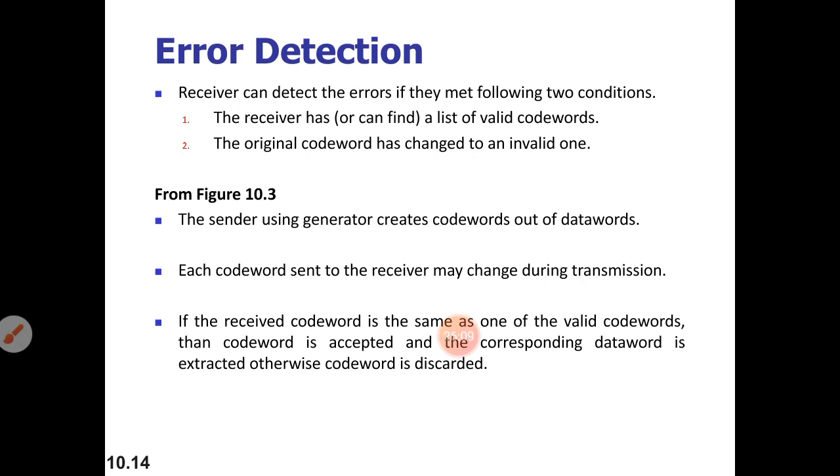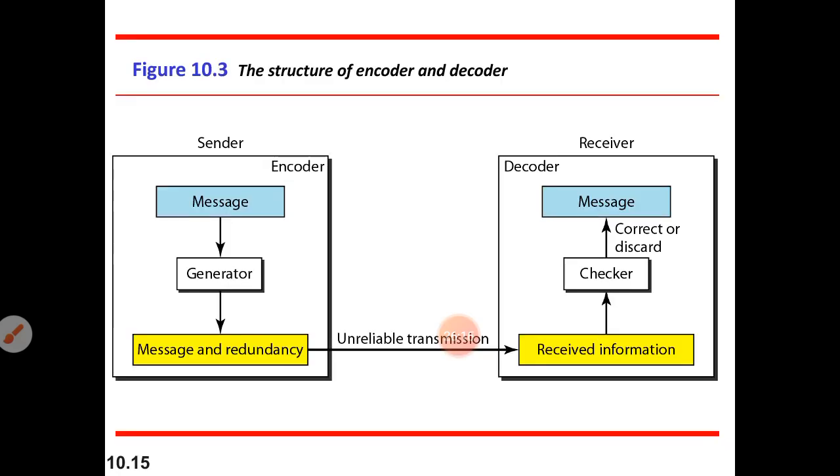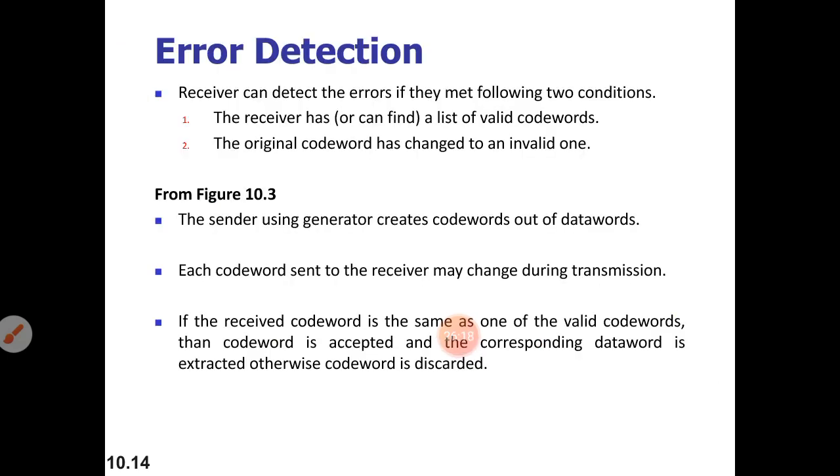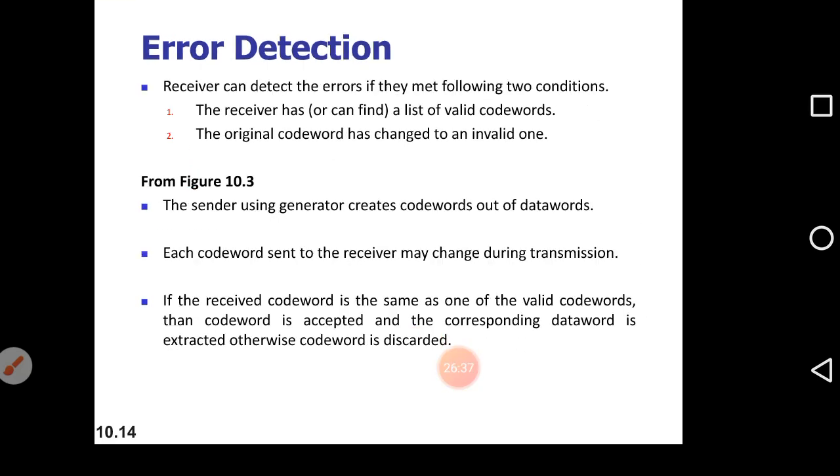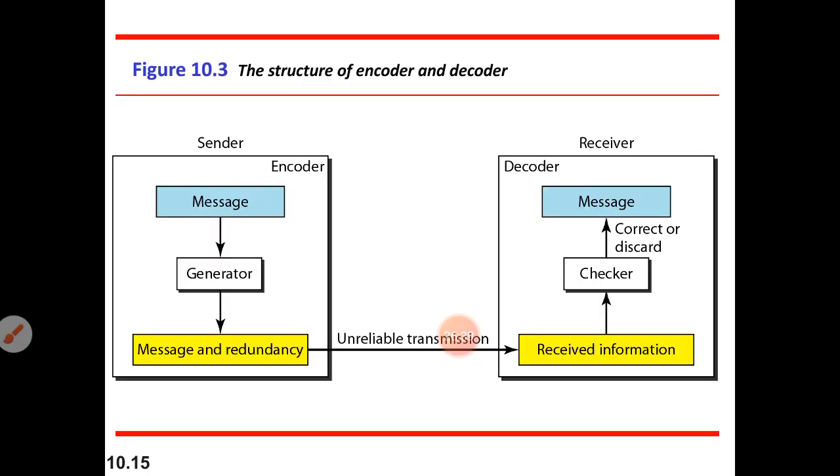Next we'll go through the figure, figure 10.3. Here, the first point is that the sender uses the generator to create the code word out of the data word. What is the meaning of that? This is the structure of the encoder and the decoder.